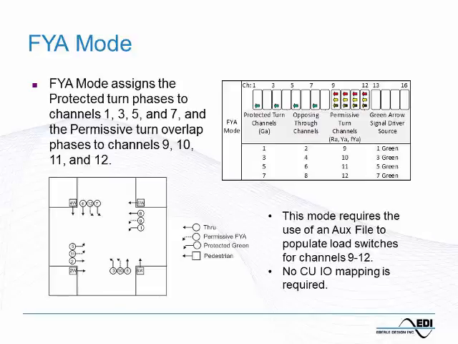There's no other wiring in the cabinet required other than that to hook up the aux file. So the first 4 load switches in that aux file correspond to channels 9 through 12. There's another little intersection diagram there of our typical phase assignments for an 8-phase quad intersection.